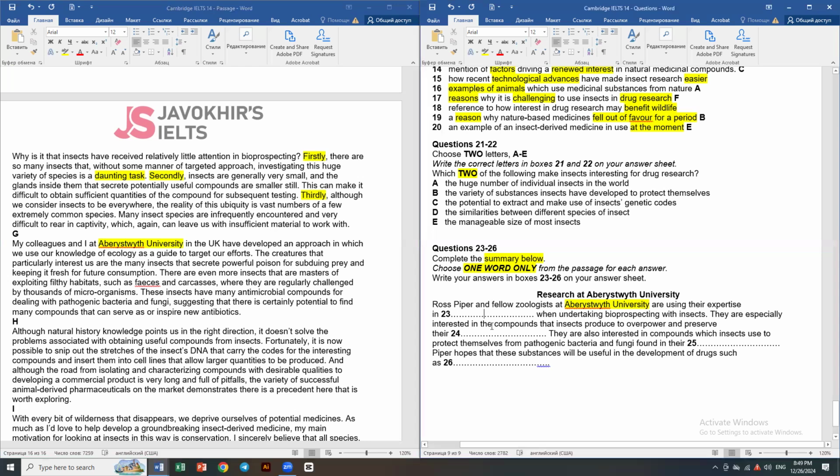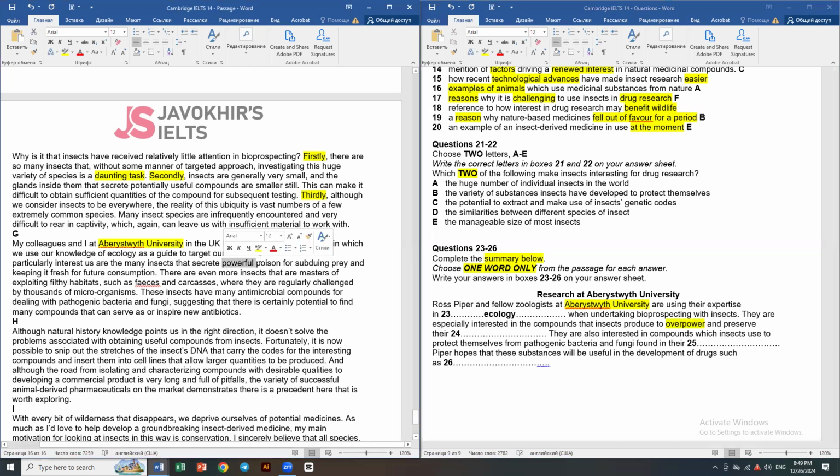So expertise means our knowledge. So ecology, when undertaken by prospecting with insects, they are especially interested. All right, the creatures that particularly interest us are the many insects that secrete powerful poison for subduing prey and keeping it fresh for future consumption. So they are especially interested in the compounds that produce overpower.